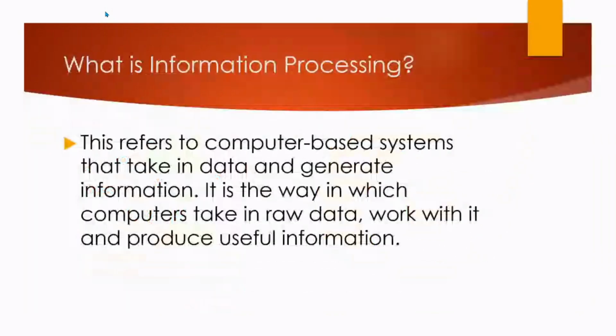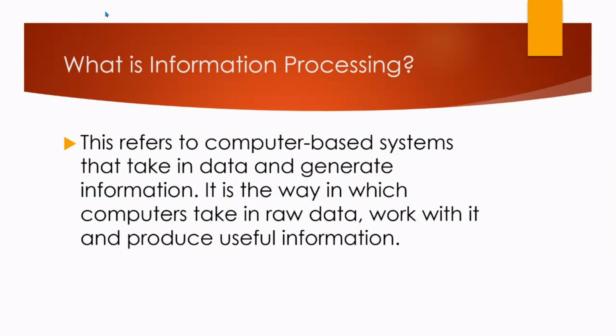Moving right along. So now, what is information processing? This refers to computer-based systems that take in data and generate information. It is the way in which computers take in raw data, work with it, and produce useful information.